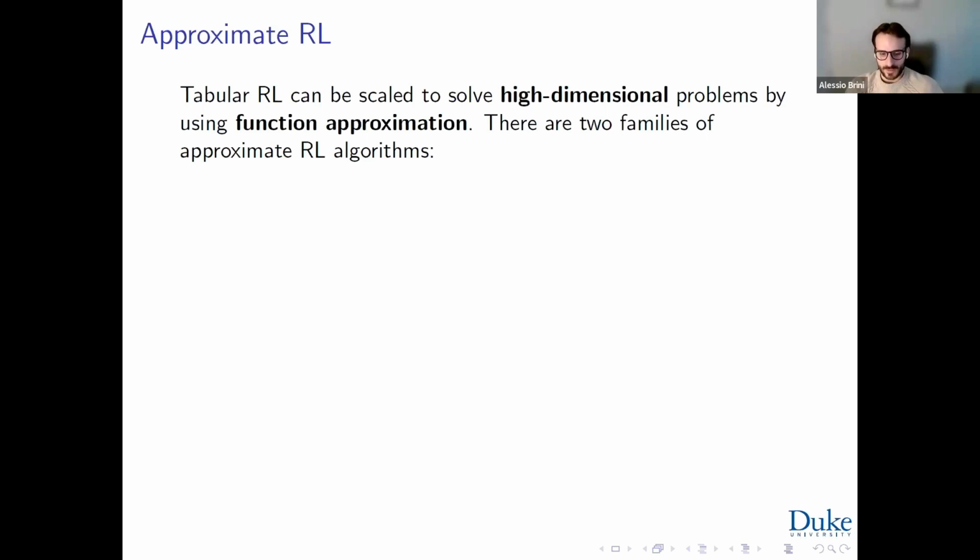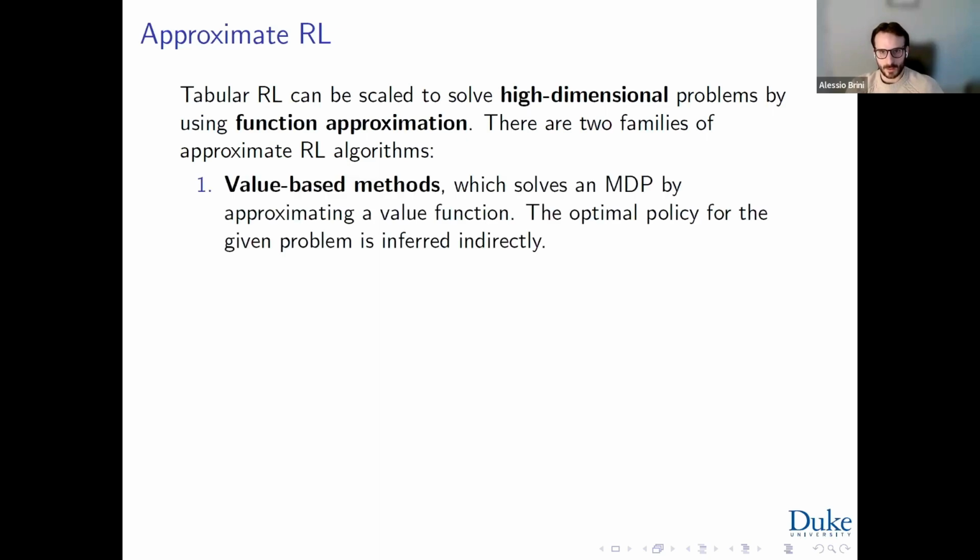When you introduce neural networks, you can have two families of approximate RL algorithms. One is called value-based, because essentially you devise the optimal policy indirectly by estimating your value function. You estimate your value function, and then you have a way to behave according to the fact that you know the goodness of being in a certain state and taking a certain action.